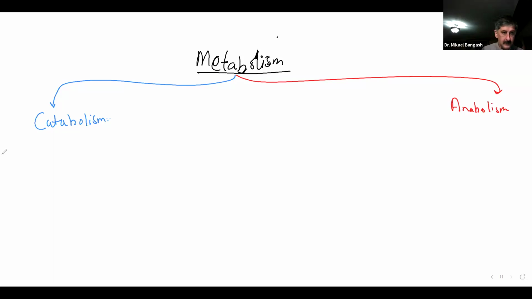Now, guys, catabolism. This is actually just the breakdown of a molecule or compound.